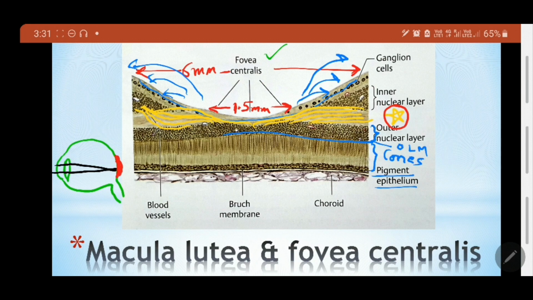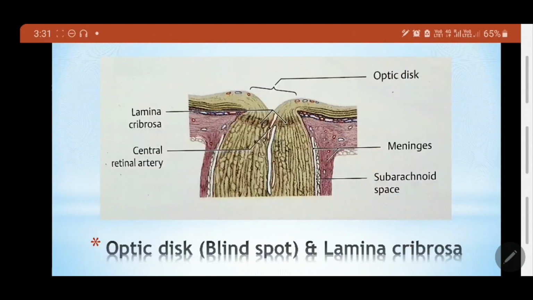There are only cones present here, and the density of cones is also very high. So I think it's enough for the macula lutea and fovea centralis. I believe you've understood, and let's move to the next slide.